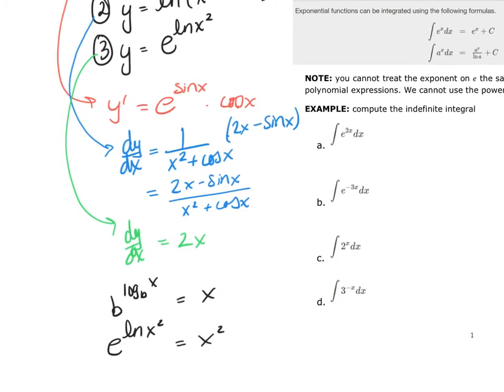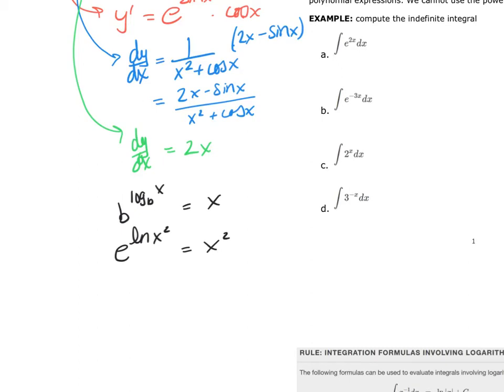Now the reason I did that one is because ideally we have all of our laws of logs memorized, and I know that's not necessarily true, but if we're asked to do y is equal to 2 to the x, and we're asked to do the derivative of that, then we can use this and this combined to do the actual derivative of it.